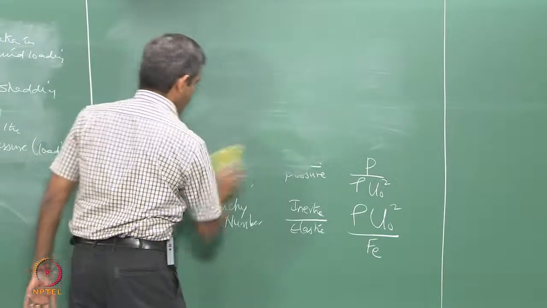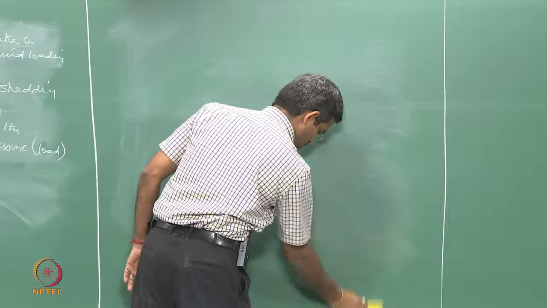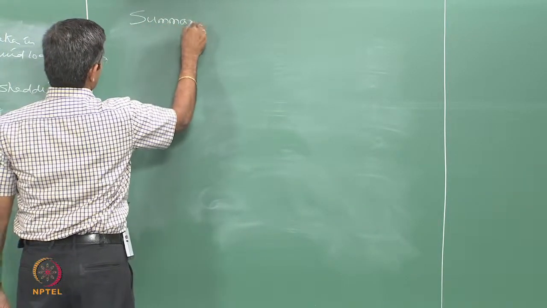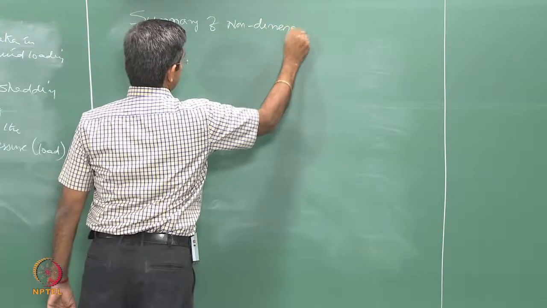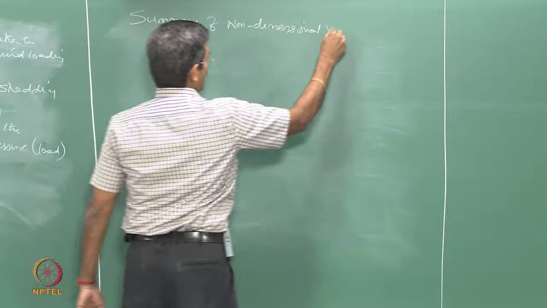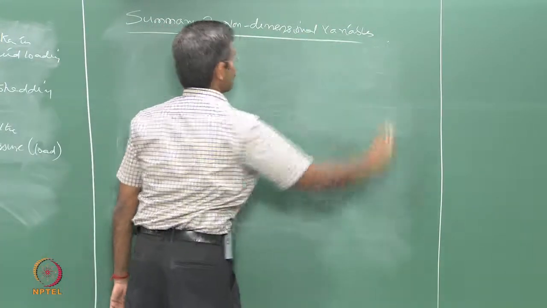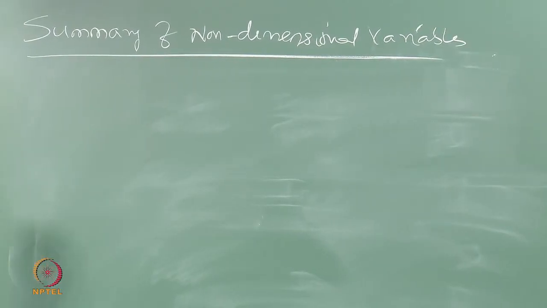In dynamic analysis of offshore platforms, you will normally come across a lot of non-dimensional variables. Let us look at the summary of non-dimensional variables, which is important for us to understand because they will have some important role to play.